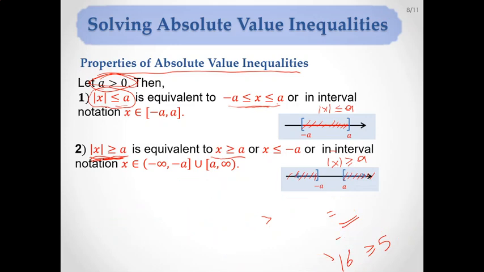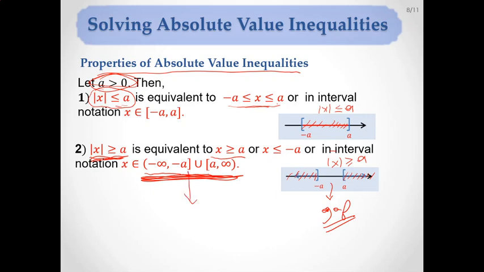So how can we write this one? We write the solution in interval notation this way, because there's a gap here. So you cannot combine them, so you write it this way: negative infinity to negative a, union a to infinity.